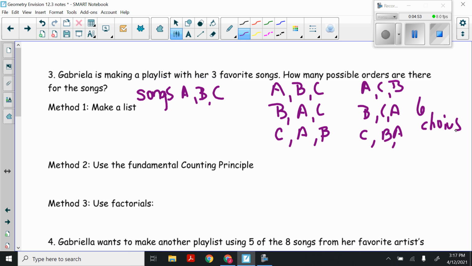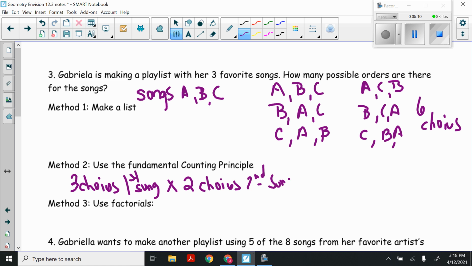Method number 2 would be to use the fundamental counting principle. So there are 3 choices for the first song, times 2 choices for the second song, and finally 1 choice for the third song.